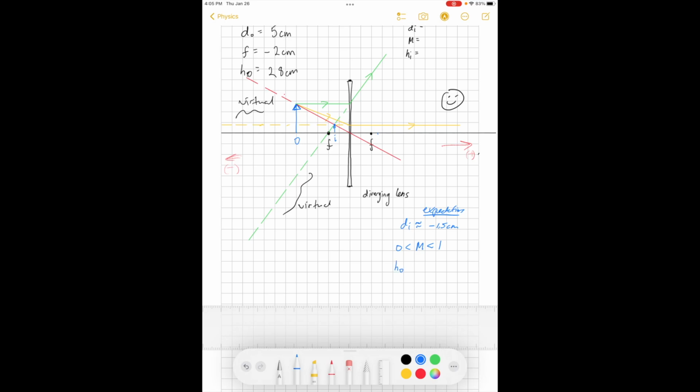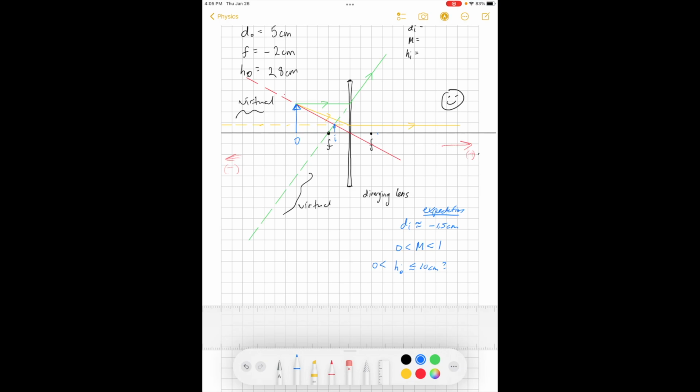And anyway, the image height, we can have an expectation for what that's going to be. It's definitely less than 28. It's probably less than half. So maybe it's around 10 centimeters or so. That's just a rough guess.